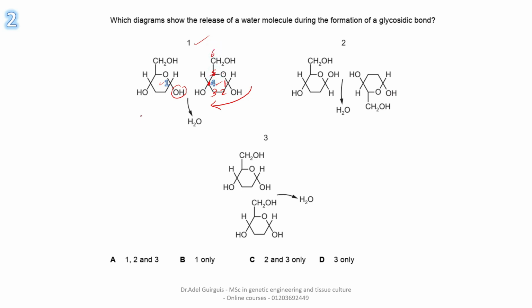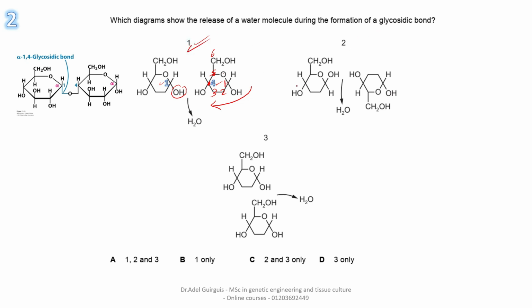Okay, the same for the other molecule. They are able to form glycosidic bond. This bond is called alpha glycosidic bond, like this figure. 1,4 glycosidic bond. So number 1 it's okay, can form glycosidic bond.